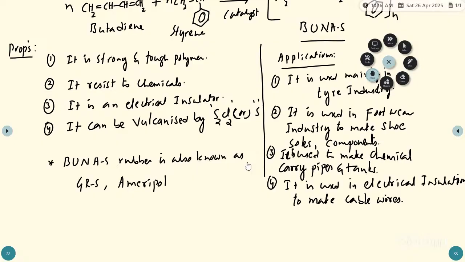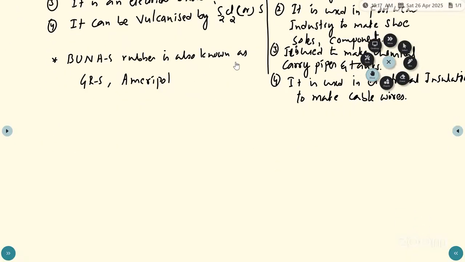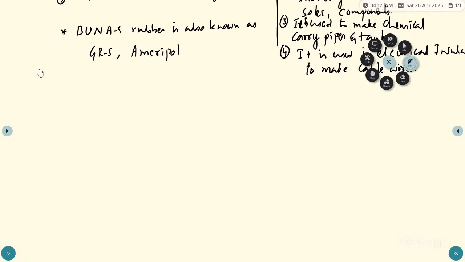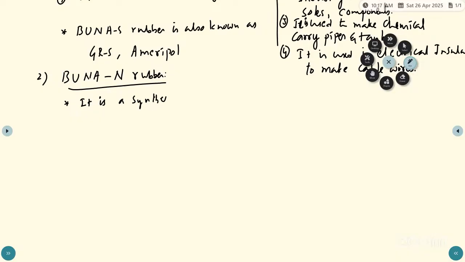Right. So next, the second one, Buna-N rubber. The first point: it is a synthetic rubber, and it is also called nitrile rubber.